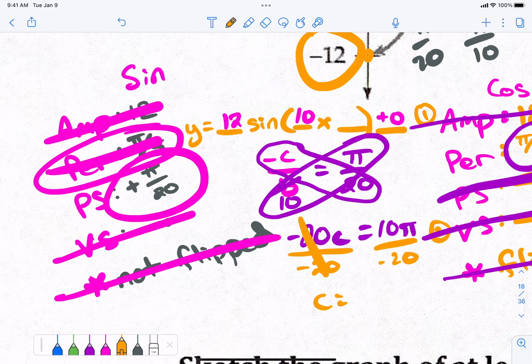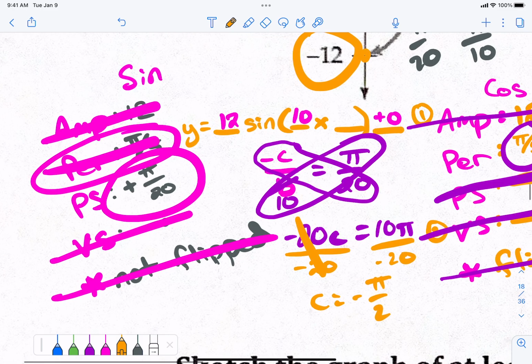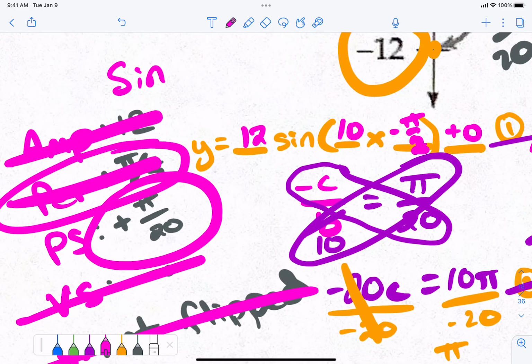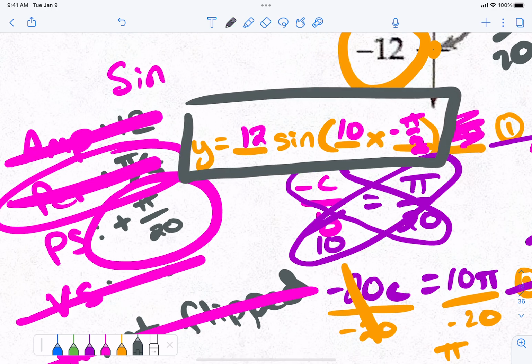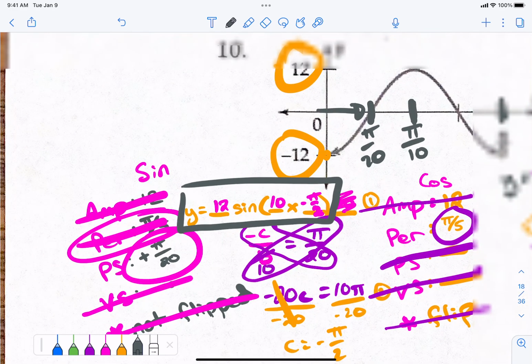So c up here is negative pi over 2. Got it? The only thing I could leave off is the 0 if I wanted to. So I could just write it like this: 12 sine of 10x minus pi over 2. Got it?